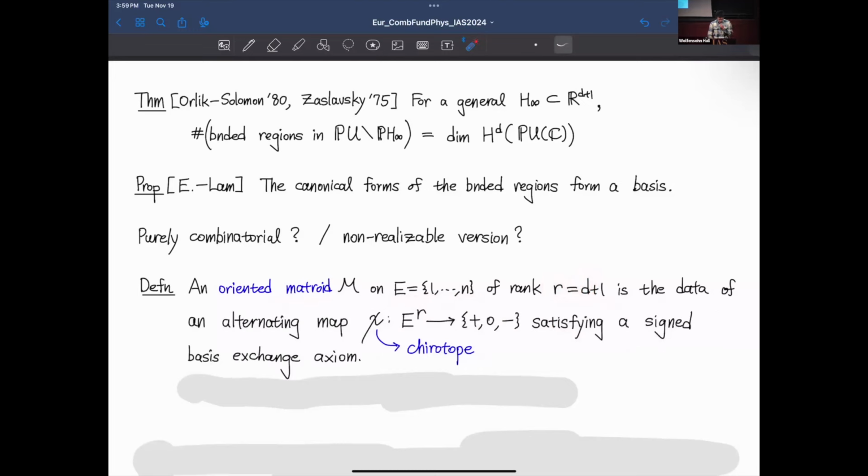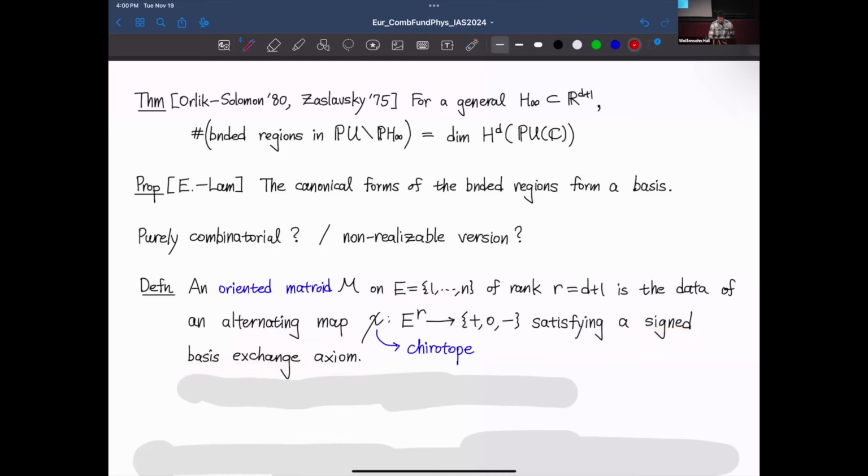One can specify what an oriented matroid is by specifying a map called a chirotope map that sends any R-tuple of elements from my ground set E to either plus, minus, or 0. And it should be alternating in the sense that the ordering of the elements matters. If I flip them, you pick up a minus sign. If any of them are repeated, 0, and so forth. And they must satisfy a certain signed basis exchange axiom.